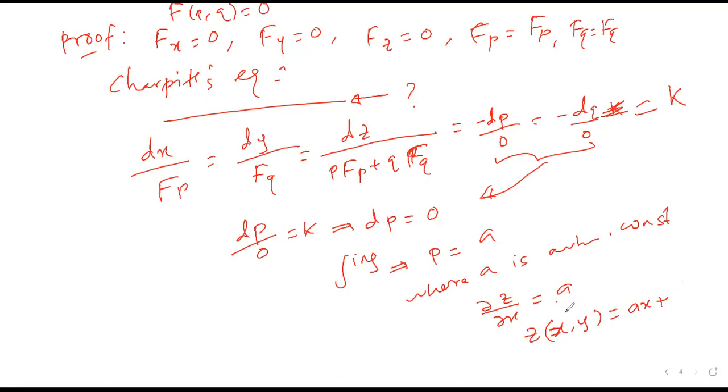But actually, since the function is of multiple variables, x and y, if you are taking with respect to x, then this is a partial integration, you have to write it like this. So integrating, you have z of x comma y.